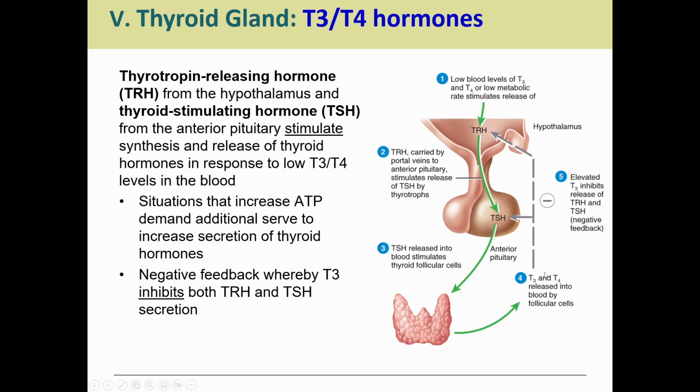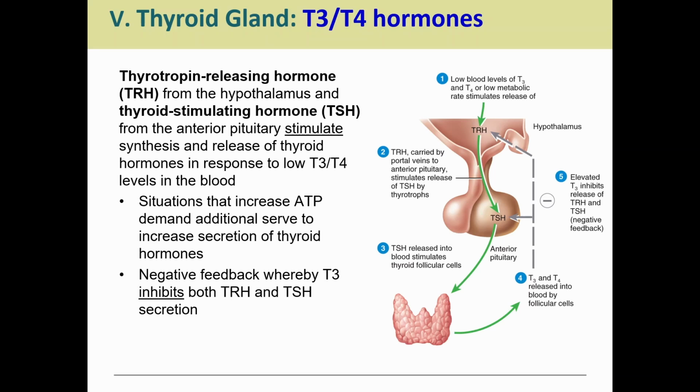And then once our levels are back up to a good level where we don't need any more produced, then T3 will stop TSH and TRH at the anterior pituitary and hypothalamus levels. Again, negative feedback, so that we're not constantly putting out hormones, right? So if you remember early in the semester, I talked about stocking the shelves, right?